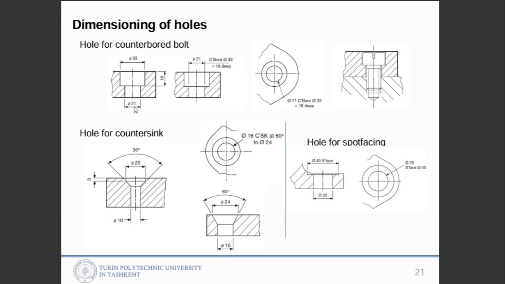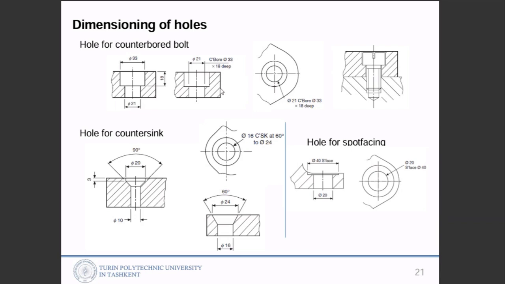So 3 dimension values with extension lines should be shown in reality. But instead of this, you can write it this way. Just the small hole diameter is shown like 21, and it can be written C bore, diameter 33, so diameter 33 is the bigger hole, and then times 18 deep.